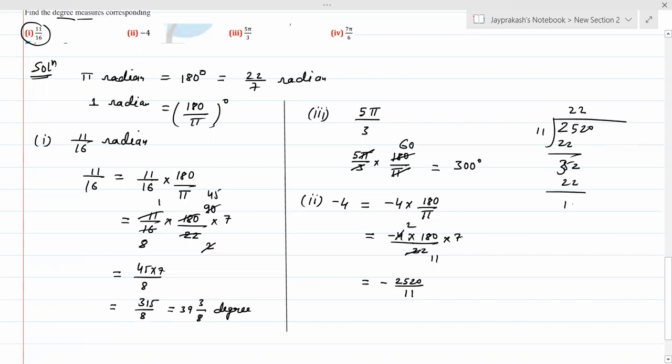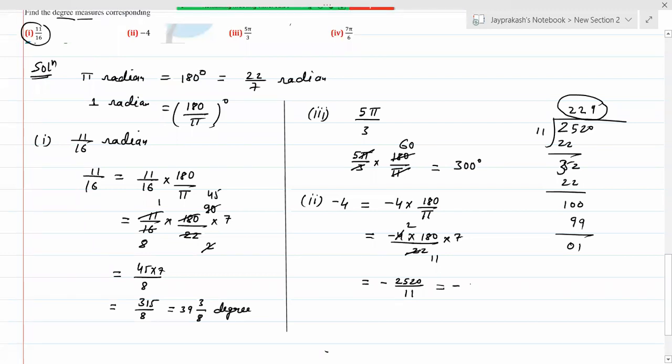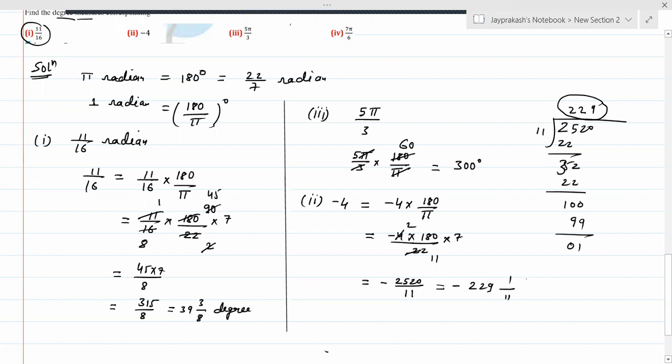Now 10 is remaining, then 11 nines are 99, so 1 is remaining. That means we are getting 229 as the degree. How will you write this one? I will write it as a mixed fraction. We will write this as minus 229 and 1 by 11 degree.